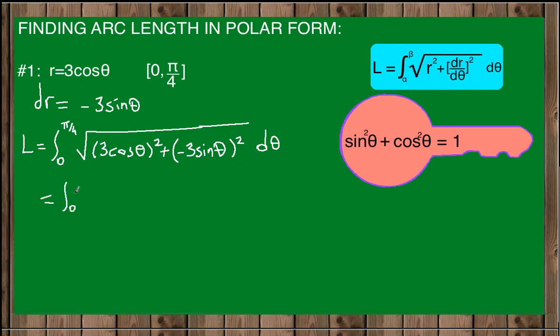Now we're going to square both r and dr d theta. Integration from 0 to pi over 4. 3 cosine theta squared is 9 cosine squared of theta. Plus 3 sine theta squared is 9 sine squared theta.